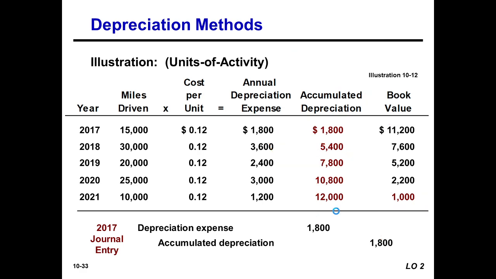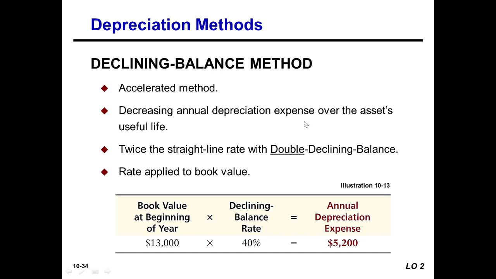Okay, next, the declining balance method. Sometimes we call it double declining balance. Because of 100 and a useful life of 5 years, the rate will be 20%.